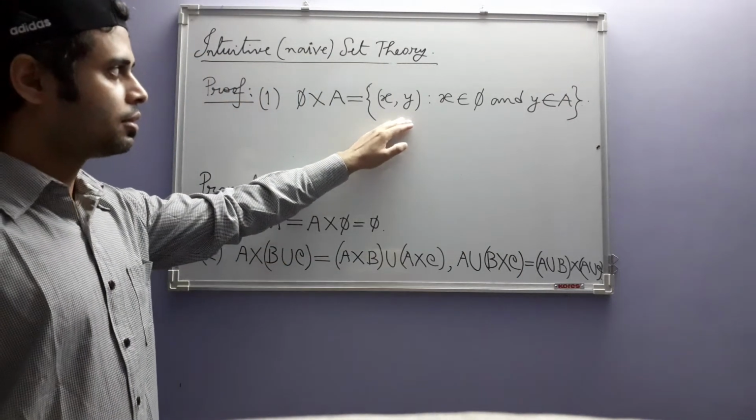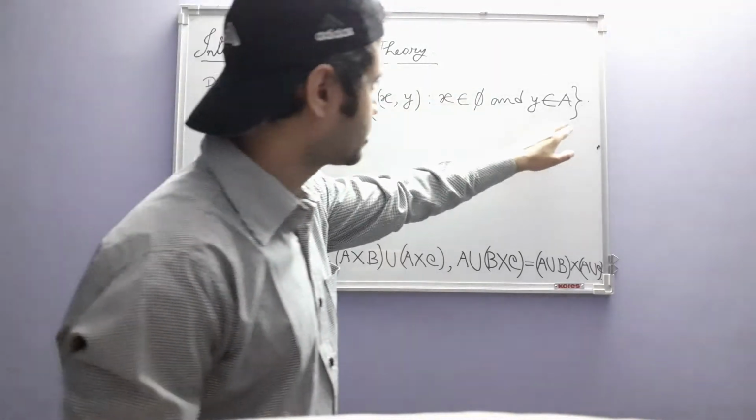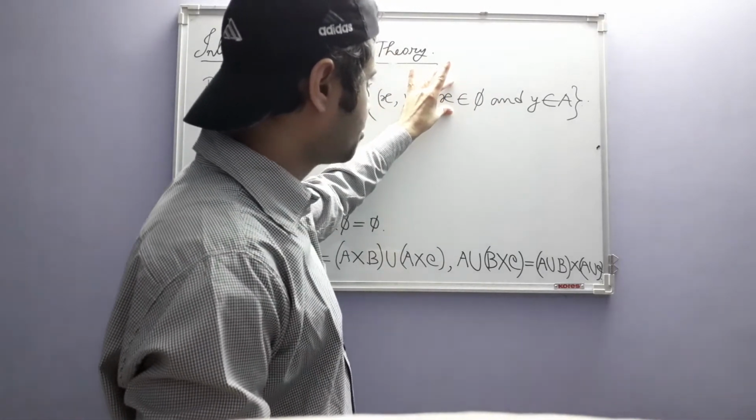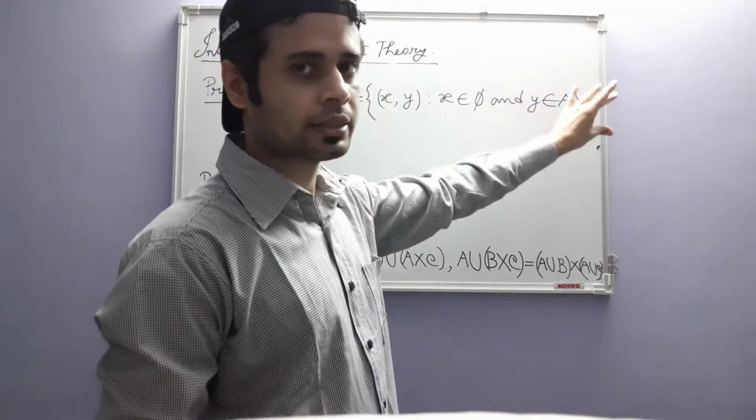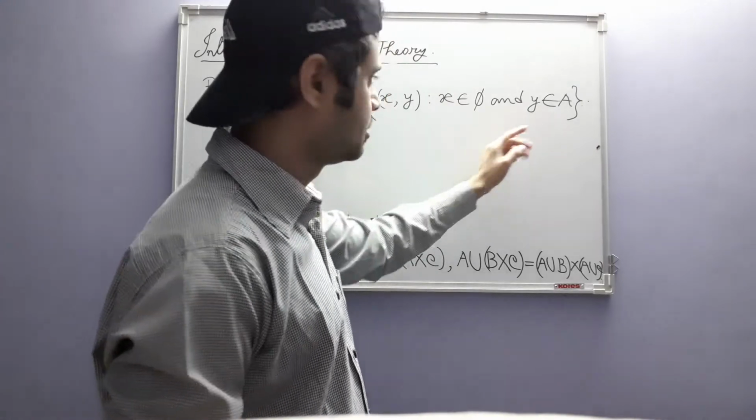Now, this is a conjunction: a statement x belongs to the empty set and another statement y belongs to A. It's a conjunction of these two statements.